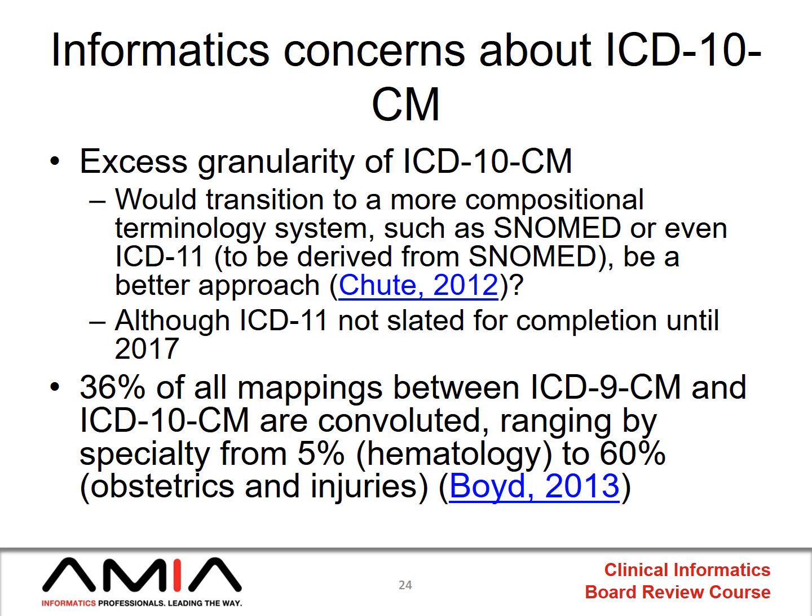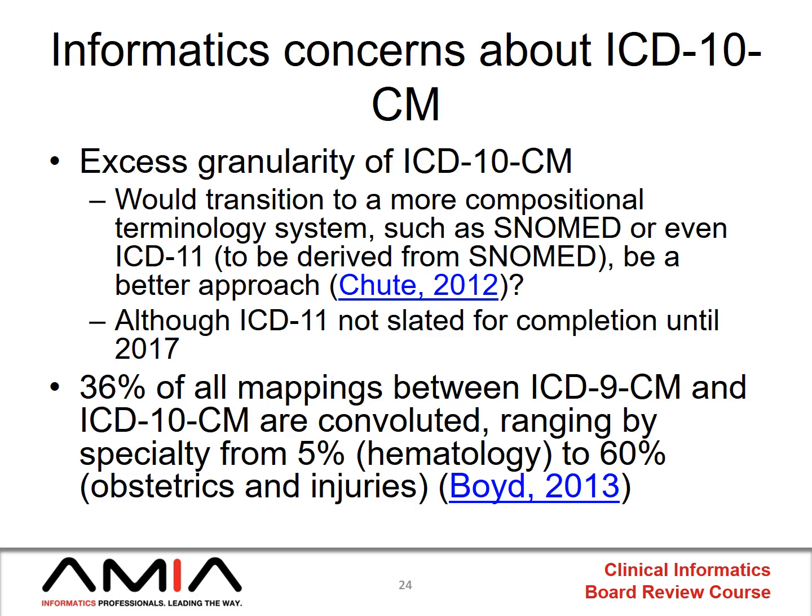Many in informatics would argue for the transition to a more compositional terminology system such as SNOMED, or even ICD-11, which will be based on a derivation from SNOMED, and that might be a better approach, although the downside is that ICD-11 itself will not be available until 2017, and then probably take additional years to develop a version for the US and get implemented in the US healthcare system.